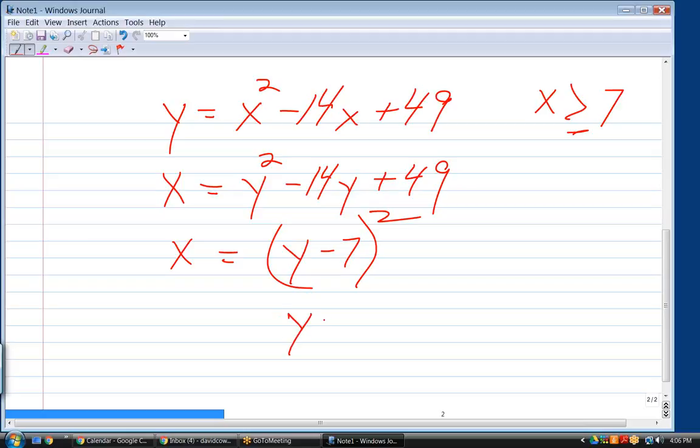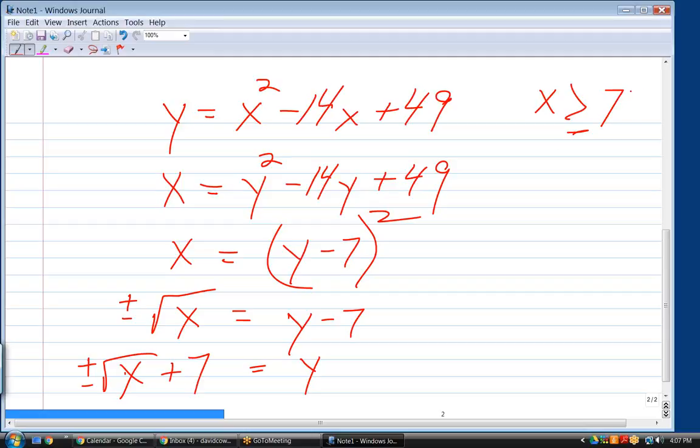When you take the square root of both sides, plus or minus the square root, yeah. And then solve for y. You get plus or minus the square root of x plus 7.